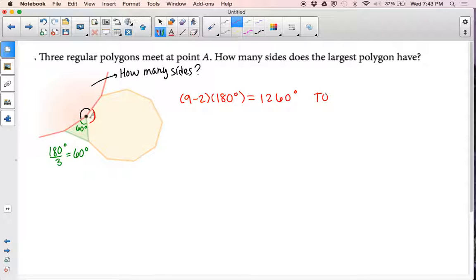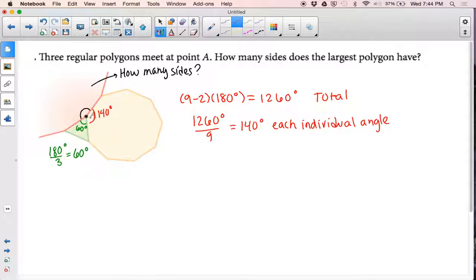That's the total of all of the interior angles of that orange polygon. Now if I take that total and divide it by 9, because there are 9 angles, I get 140 degrees, and that's each individual angle. So I know that this angle here measures 140 degrees.